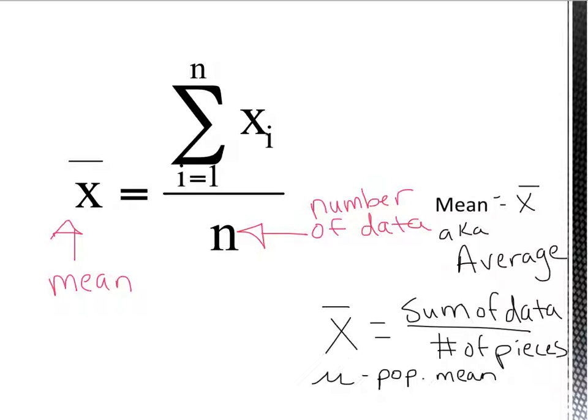All right, so then what is this mess up top? Again, N means the total number of data. I is 1. The subscript i really is just the position. And the X just stands for a piece of data.